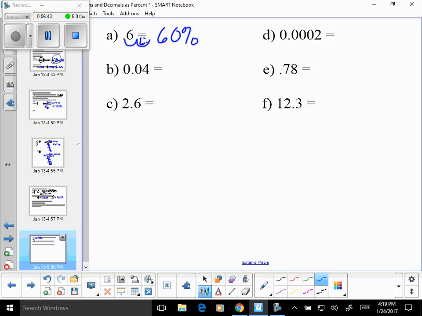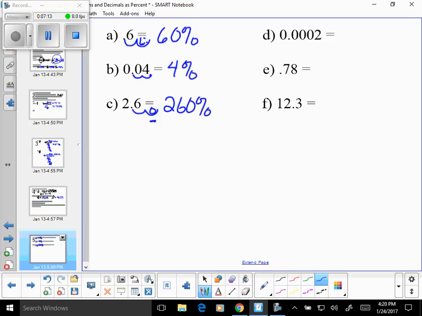In B, I'm going to move that decimal point 2 places to my right. 1, 2. It's 4%. In C, I'm going to move that decimal point 2 places to my right. 1, 2. There's no digit under here, so that's where I'm going to have to put a 0. So it's 260%.